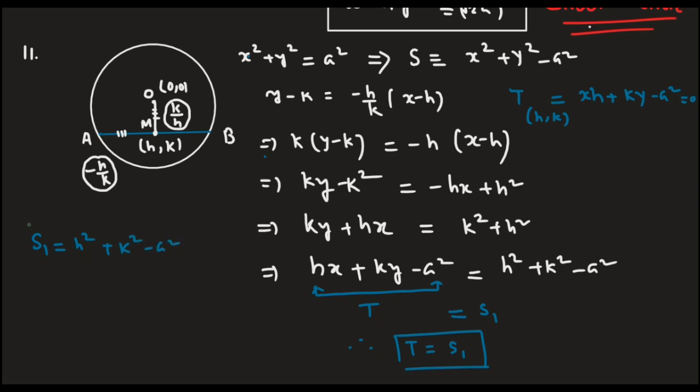So in the equation of the circle, when I replace x and y by h, k, I write it by the symbol S1. Now this is the equation of the chord when the midpoint of the chord is given. So in this way we can calculate the equation of the chord.